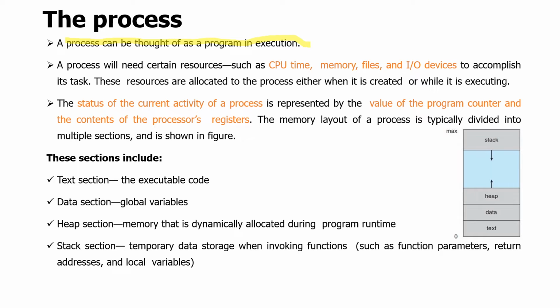This is the diagram which shows you how a process looks in memory, or simply the memory layout of a process. The memory layout of a process is divided into multiple sections. The various sections are the text section.